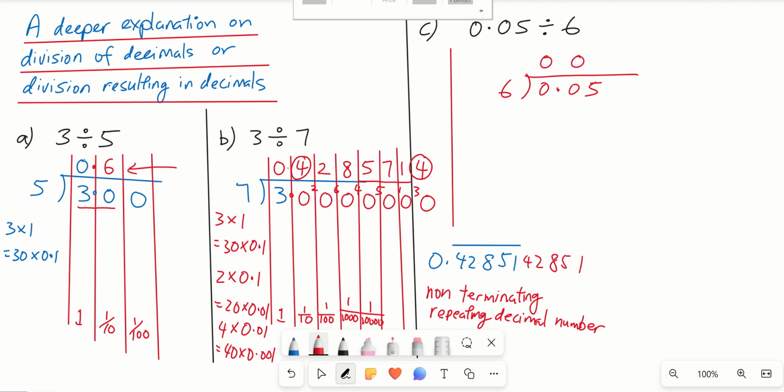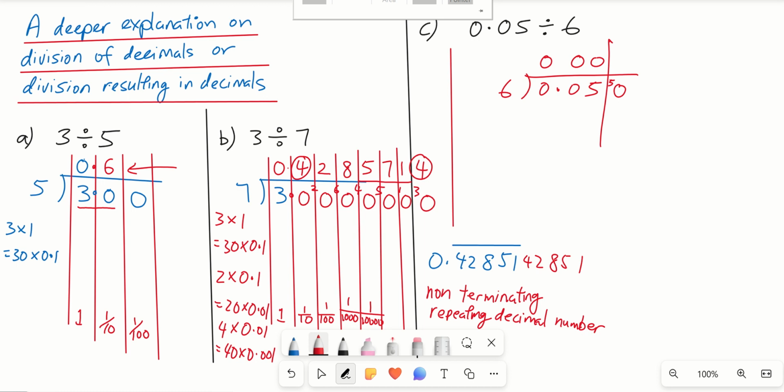Of course, we know that 0 6s go into 5. So taking a look at the next column, because 0 6s go into 5, we have a remainder of 5 going into the next column, creating 50 in the next column.